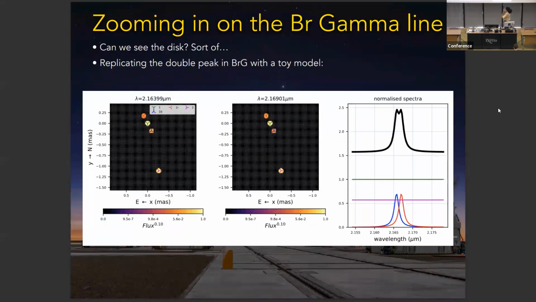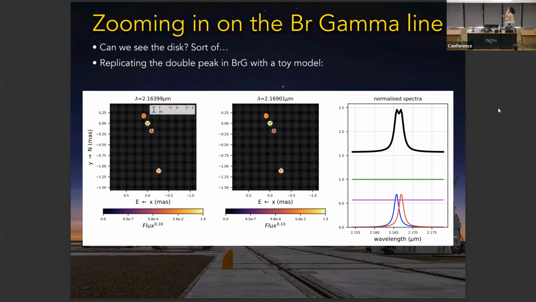Because we had this suggestion of a rotating structure and perhaps a disk, we decided to try and fit a Keplerian disk model within the code to the data. We had some troubles converging. I think this is because technically these VLTI baselines were not meant to be resolving, or we shouldn't be able to resolve these Be-style disks because they're only stellar radii in size. In order to assist the code, we broke down a disk into a toy model.